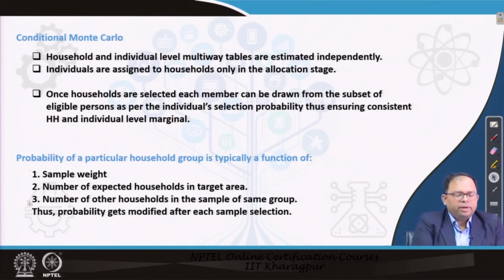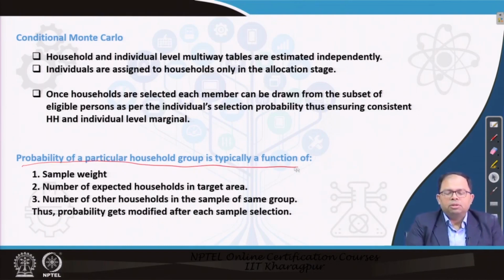For example, over here you can see the probability of a particular household group could be determined using conditional probabilities, as I have explained, or it could be a function which includes that conditional probability or the sample weight, or it could also include the number of expected households in the target area. That means the number of households in that target area may play a role in the total number of samples that can be drawn.